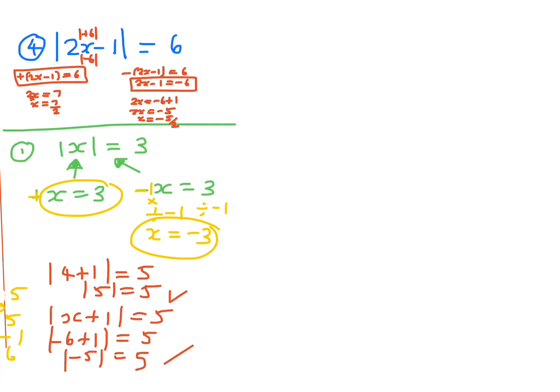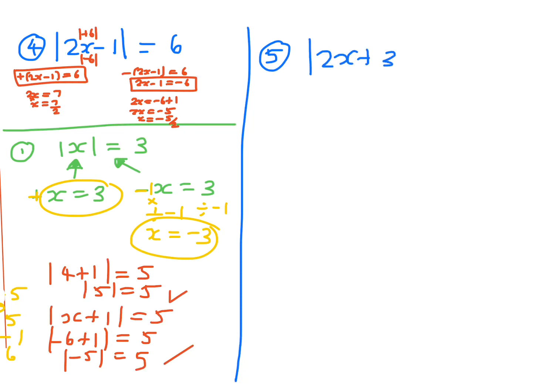This technique isn't really for 2 unit, but it can allow you to solve any absolute value equation in exactly the same way. Like say I have this here. I'll just quickly run through this, but you don't really need to go this far in 2 unit.